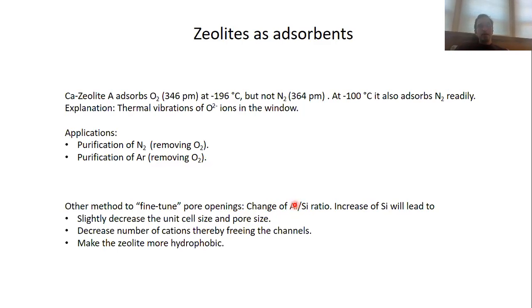And last but not least, and I mentioned this before, you can also tune the hydrophobicity and the hydrophilicity of a zeolite pore this way, and that can be important when you want to separate a more hydrophilic compound from a more hydrophobic compound. So molecules of different polarity. Okay, so these are just a few examples that show how you can use zeolites for separation applications.